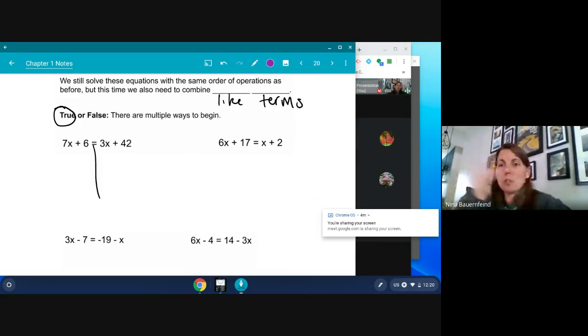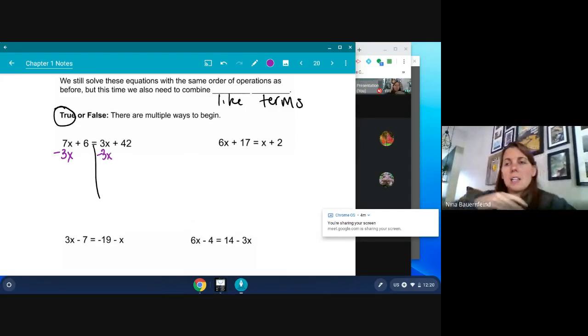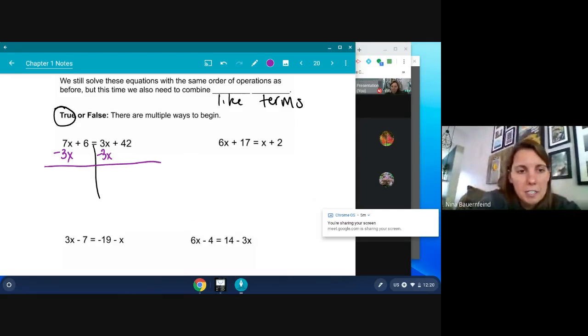You can choose to move whichever you want, but if you look at this 7 and this 3, they're both positive, so I usually move the small one. So I would subtract 3x and subtract 3x. The key is you need to line the x's on top of each other. This is on purpose, so that they're in this sort of lane together, okay?